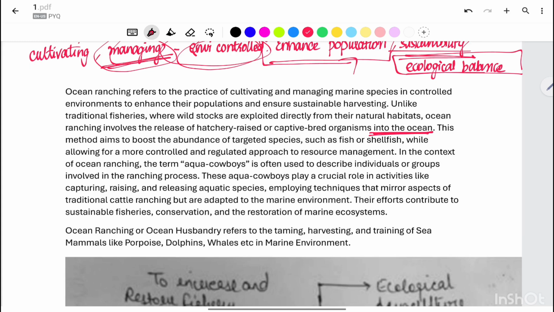That too, in the ocean they are controlled. Here the method aims to boost abundance of targeted species. Only targeted species. You do not do this for all the species. Fish is a targeted species. Shellfish. You also have sea cucumbers, shrimps, oysters.